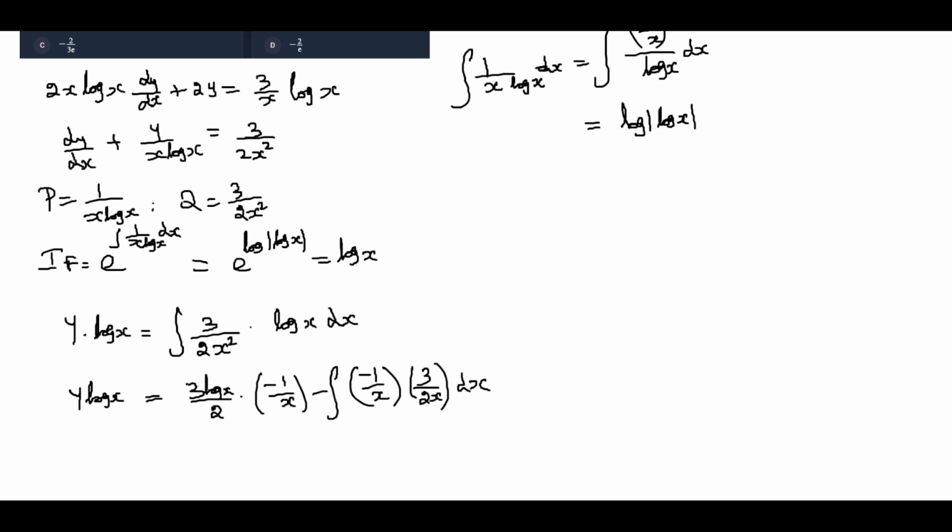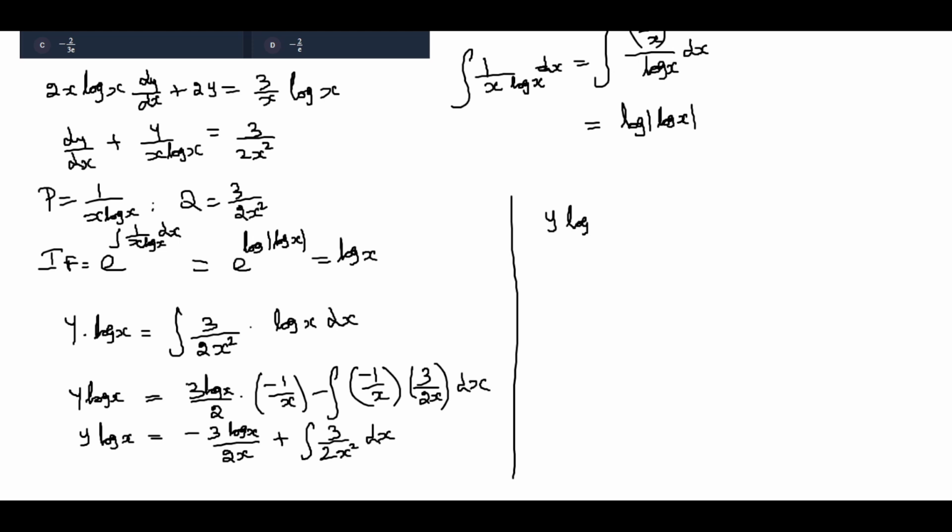So y log x equal to minus 3 log x by 2x plus integral 3 by 2x square dx. If you integrate it again, y log x equal to minus 3 log x by 2x minus 3 by 2x plus c.